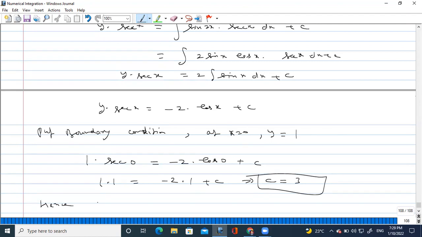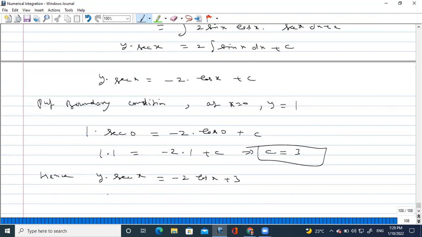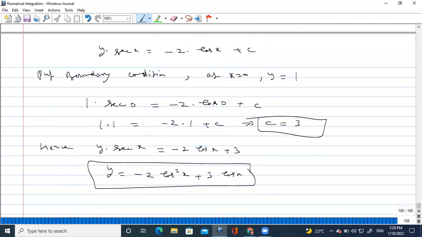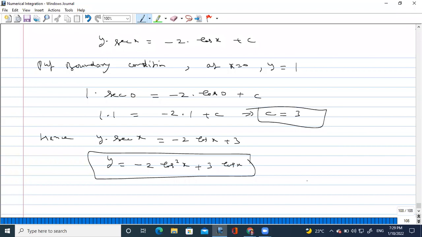Hence, y into sec x equals minus 2 cos x plus 3. So now y will become equal to, you divide by sec x here, it will become cos x, so minus 2 cos square x plus 3 cos x. So this will be the answer. Okay, note down this.